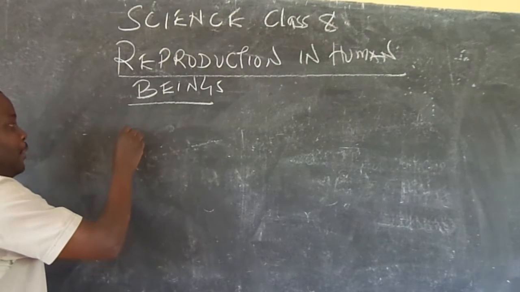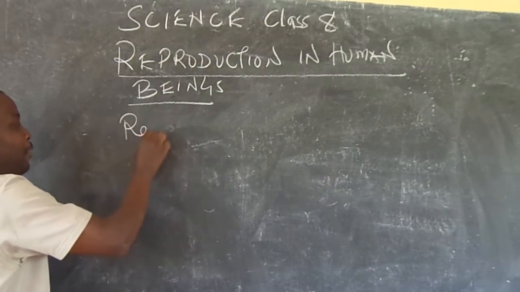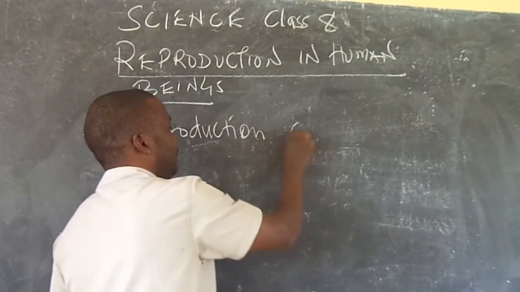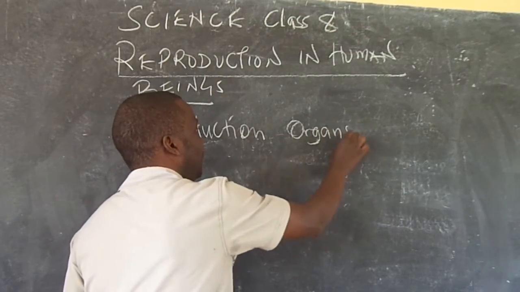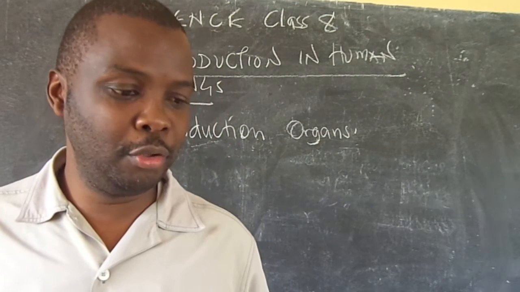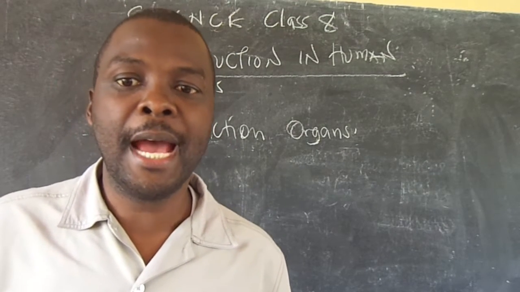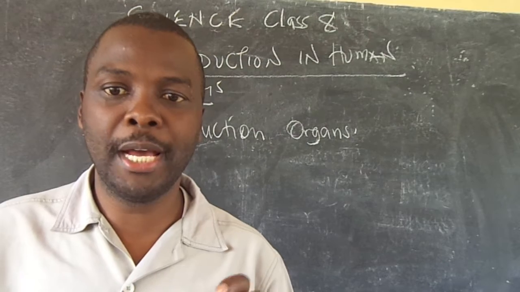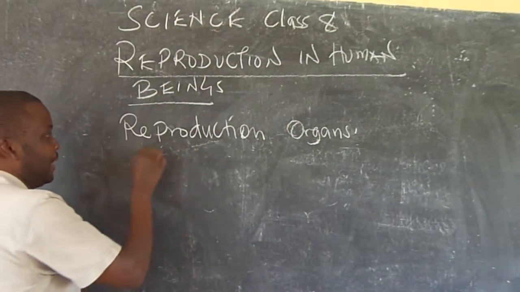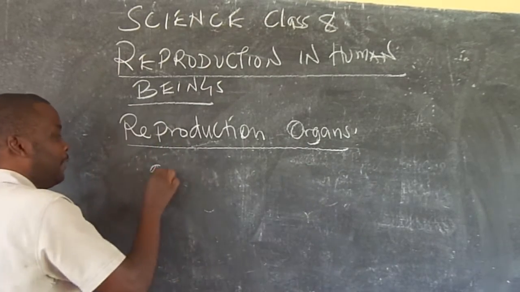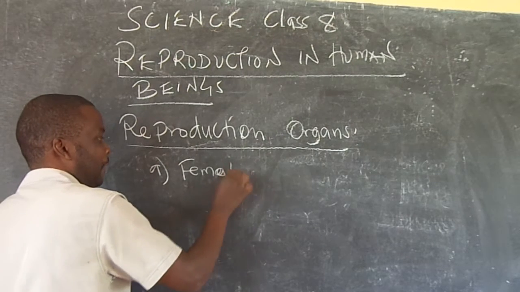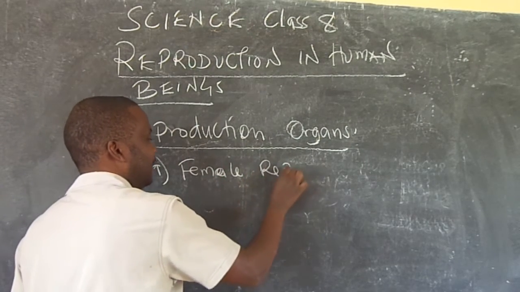So for the animals to reproduce, we have to have what we call reproductive organs. You cannot reproduce if you do not have reproductive organs. And in reproductive organs, we have two sets of organs. One, we have what we call the female reproductive organ.